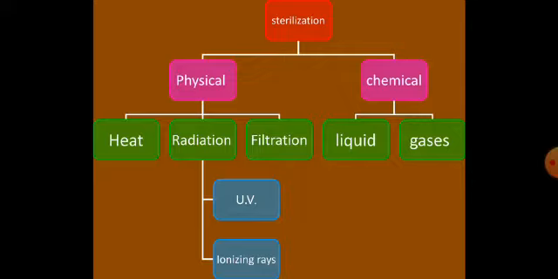And in general, you should know that most of the chemical methods achieve only disinfection, not reach to the level of sterilization, but there are certain exceptions. You must know it. Physical methods are heat, radiation, and filtration, and all achieve complete sterilization.